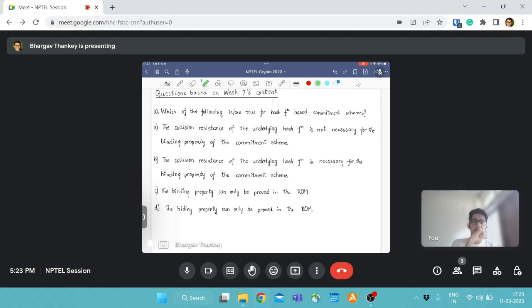What do you mean by random oracle model? We saw the random oracle model in class, right? In the random oracle model, you have an oracle which implements a totally random function, let's say f.